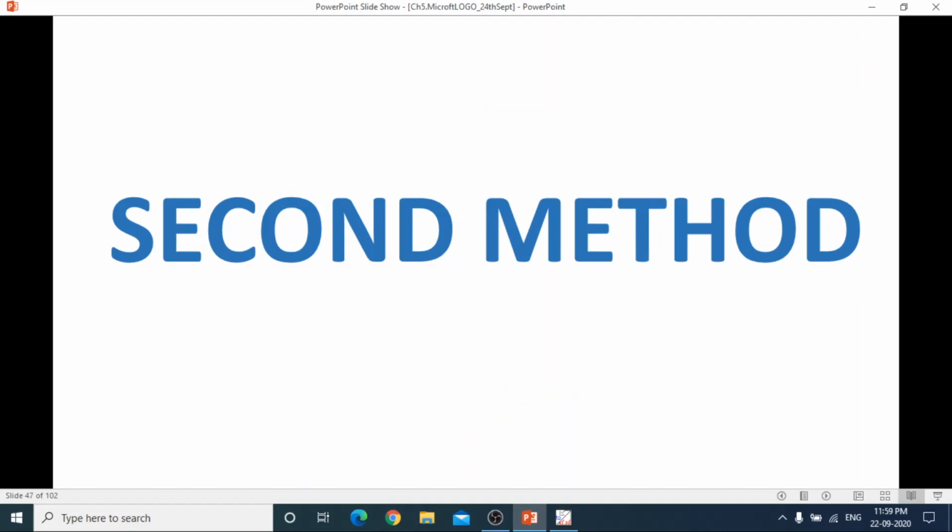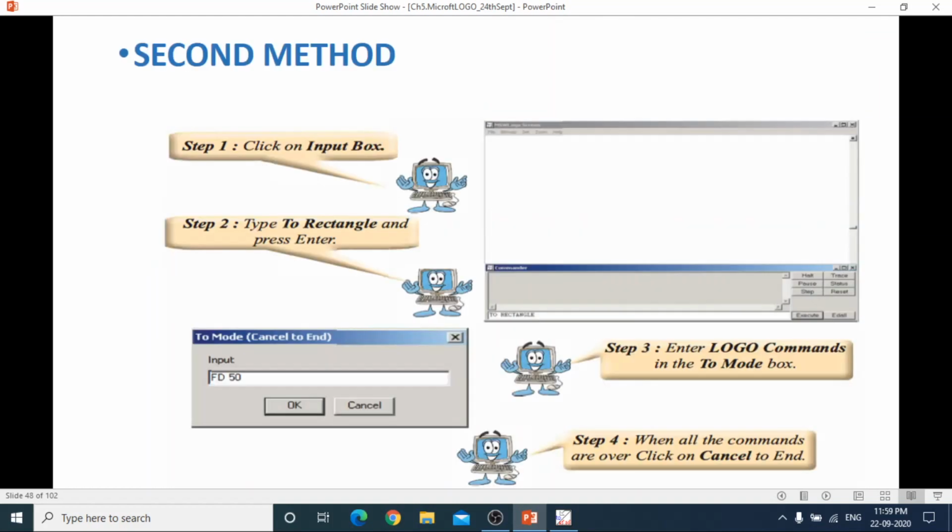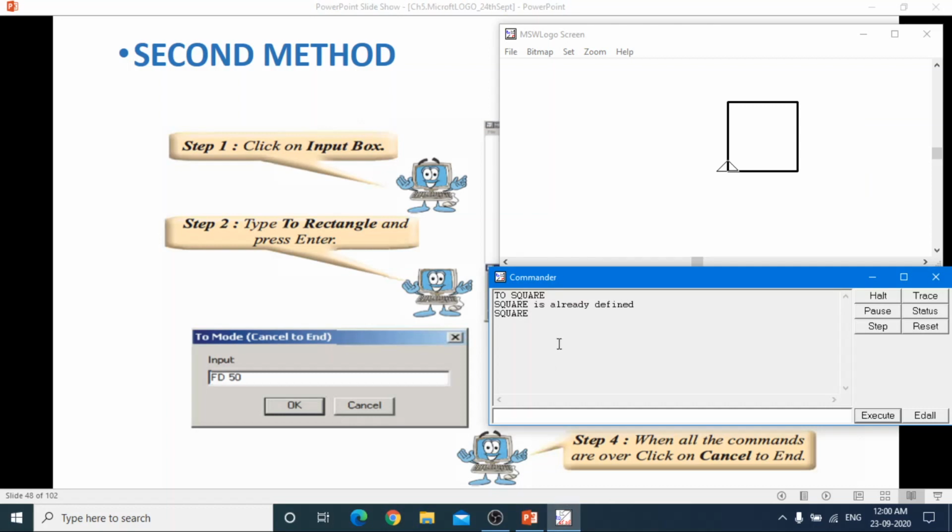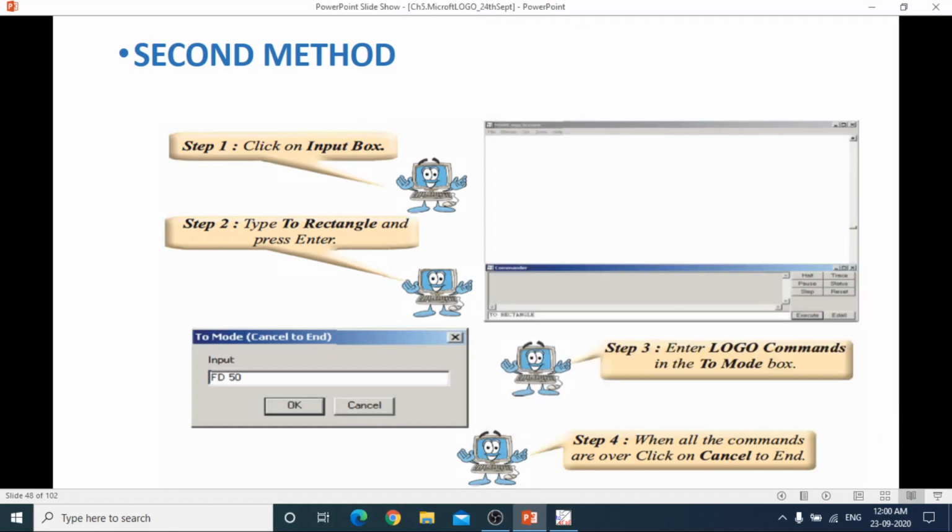Now the second method is via the input box. In the second method we will draw a rectangle. For that we will write in the input box.